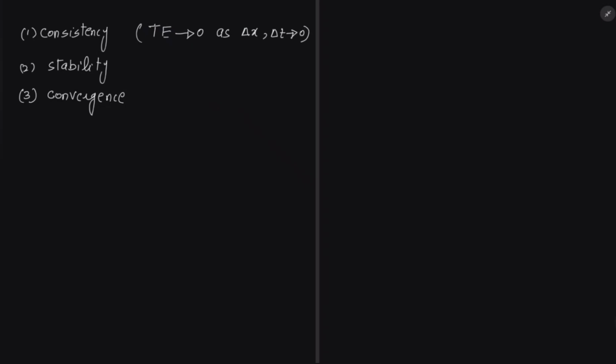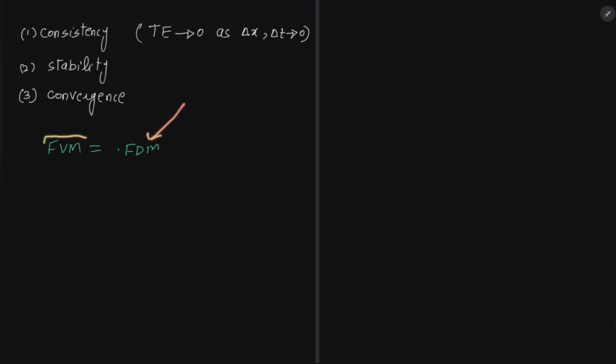Before moving further, I just want to make a comment over here. The numerical method that we study in this lecture series is the finite volume method for PDEs. Since finite volume method and finite difference method are the same for second order methods, the consistency, stability, and convergence criteria are actually derived for the finite difference method.